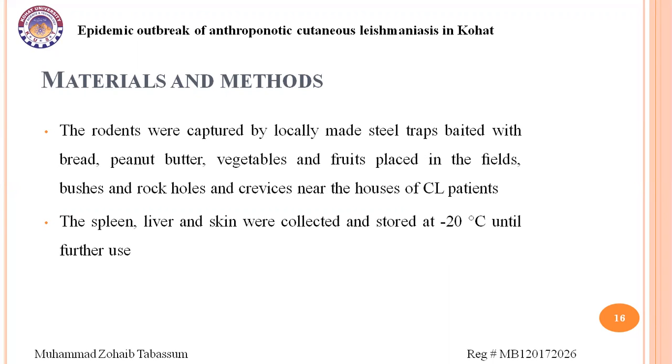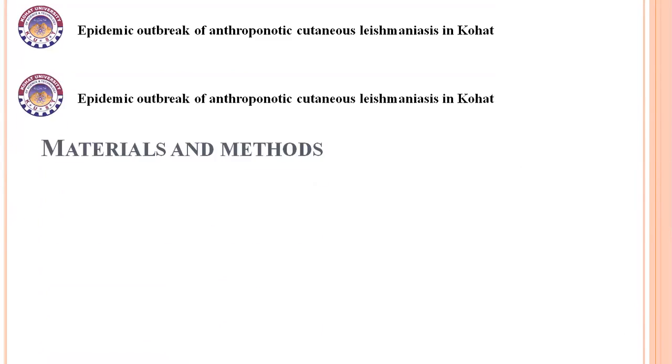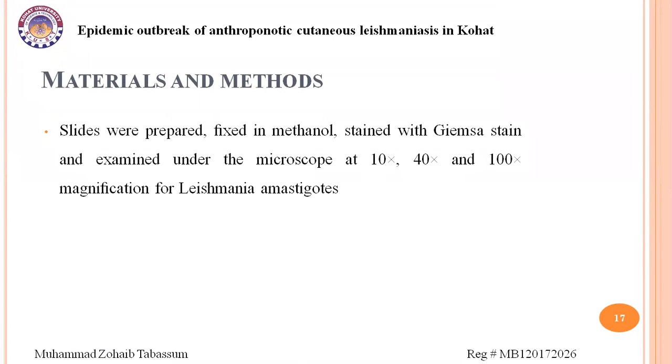The spleen, liver, and skin were collected and stored at minus 20 degrees until further use. Then after the sampling of all the required materials, the first step was microscopy. Slides were prepared, fixed in methanol, stained with Giemsa stain, and examined under the microscope at 10x, 40x, and 100x magnification for Leishmania amastigotes.